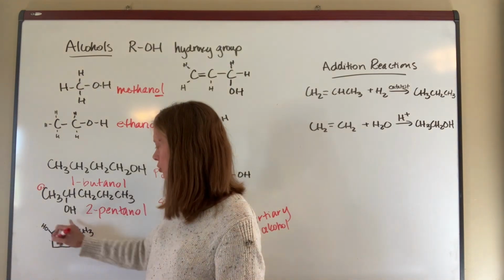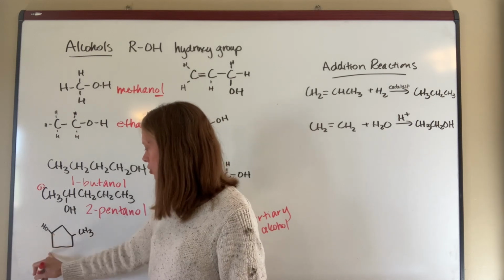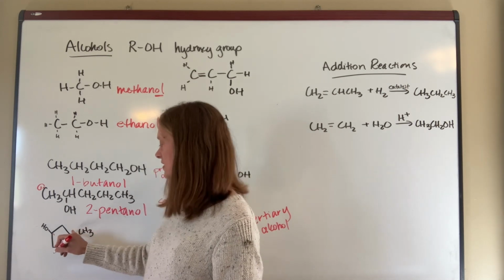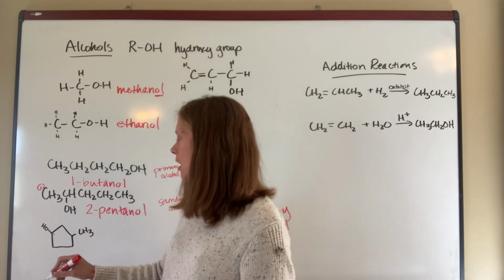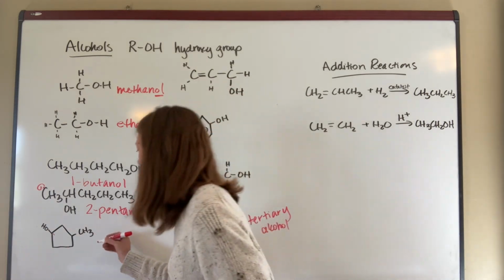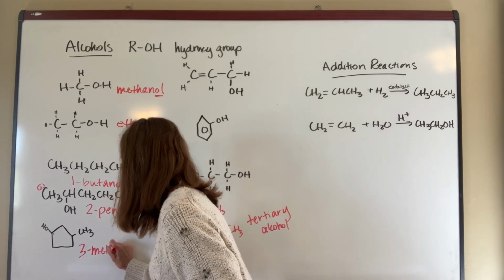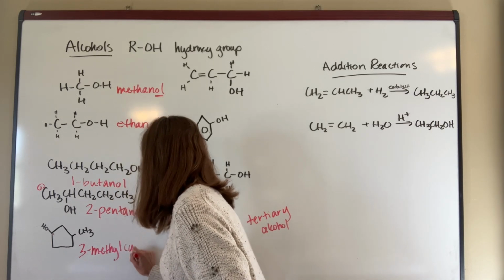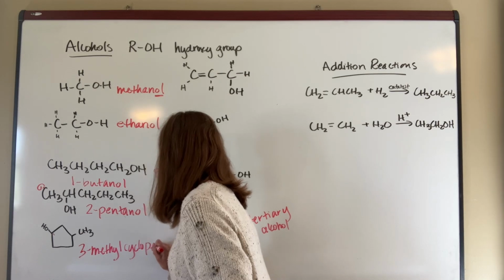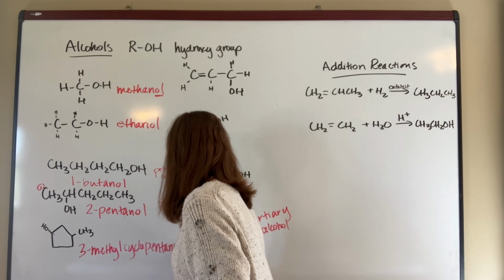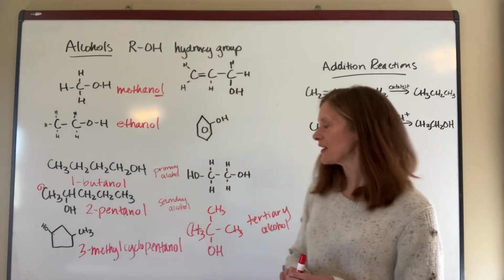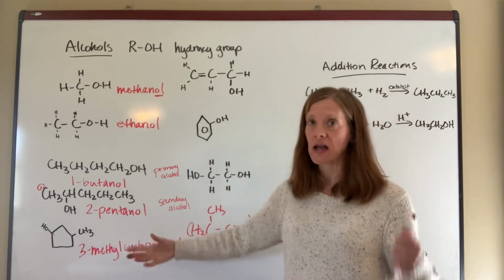So I could go 1, 2, 3, or I could go 1, 2, 3, 4. Obviously, I want this to have a 3 in place of a 4. So the way I'm going to name this one is going to be 3-methylcyclopentanol. Okay, I don't need to put a 1 there because it's a cyclo compound.